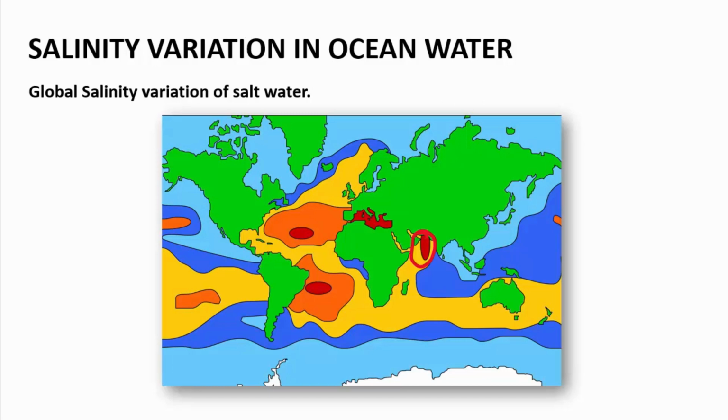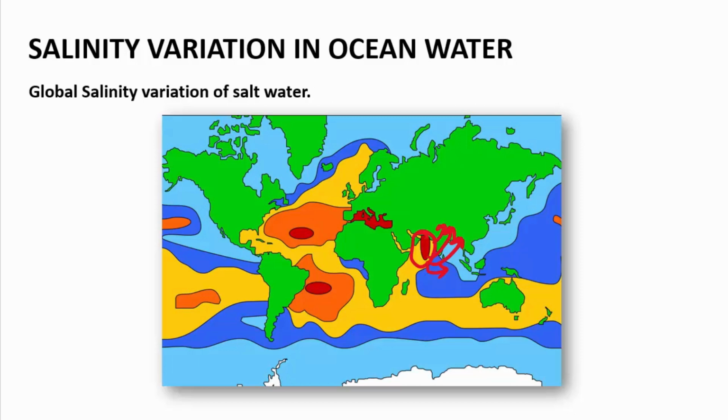Majority of the water in the Arabian Sea gets evaporated and converted into clouds, and then they move to the Indian subcontinent side during the Indian monsoon. And of course that water gets precipitated on the lands of the Indian subcontinent, and so that salinity level is not maintained in the Arabian Sea.